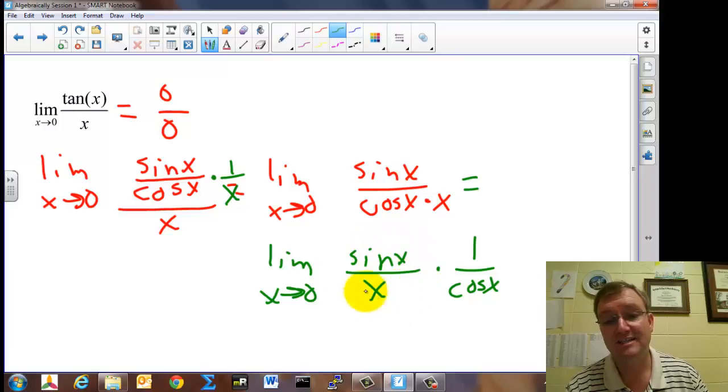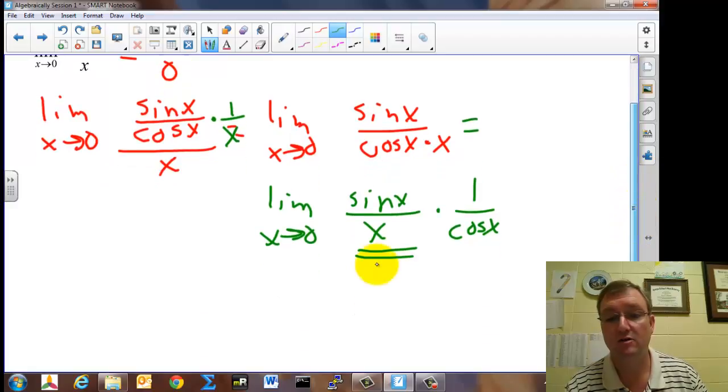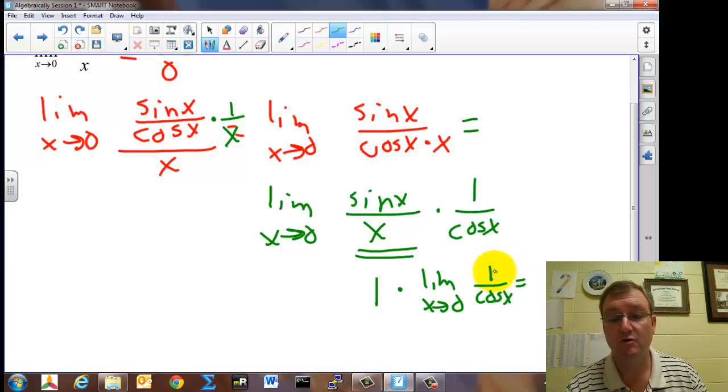Well, now what is sine x over x? Remember, that's one of the special limits we just talked about, and we know that the value of that part is just 1. So now we can simplify this to 1 times the limit as x approaches 0 of 1 over the cosine of x. Well, we've got a number in the numerator, so we should be able to evaluate this. 1 over the cosine of 0.